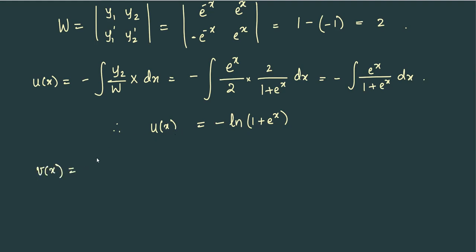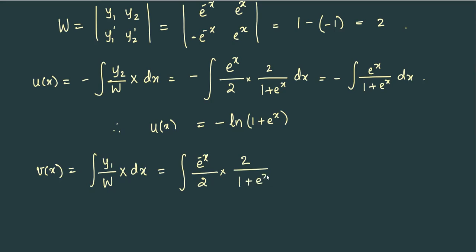Next, v of x. y1 is e power minus x. Okay, now this is e power minus x.